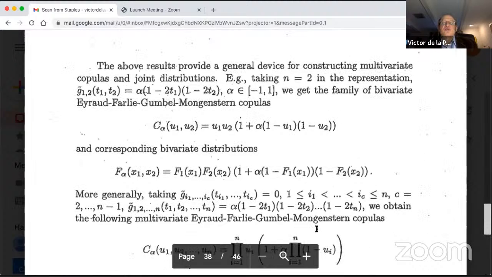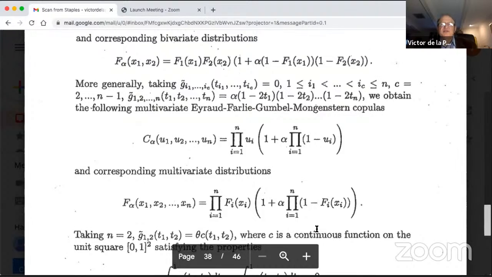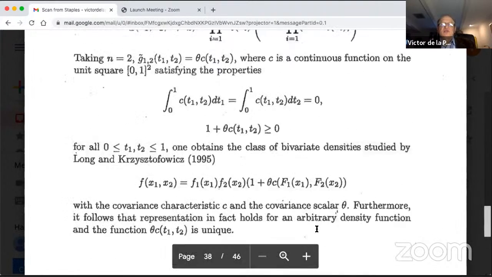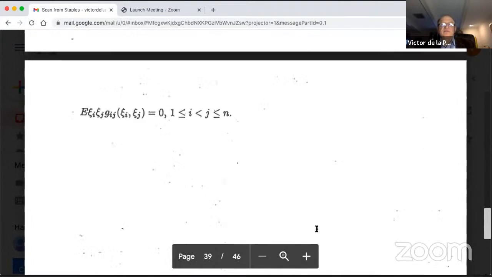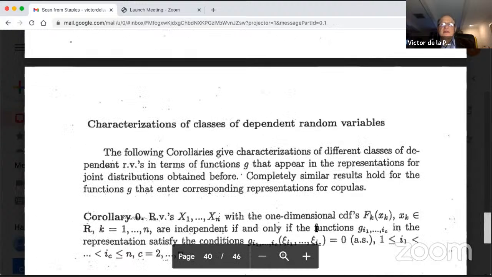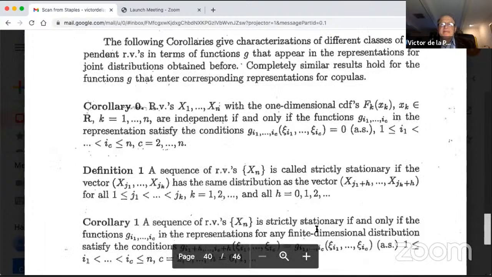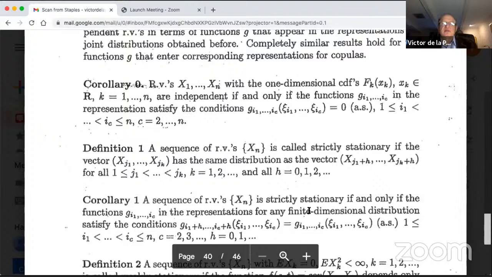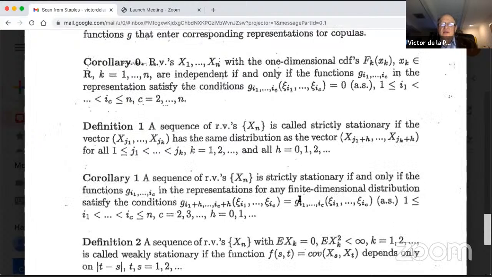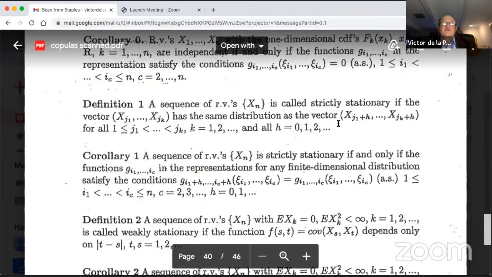And so this paper also allows you, if you have a bivariate copula, it tells you how to construct a multivariate copula based on the formula for the bivariate. So you can get strictly stationary vectors.